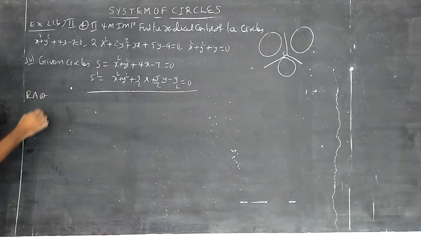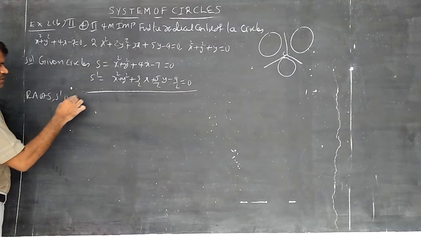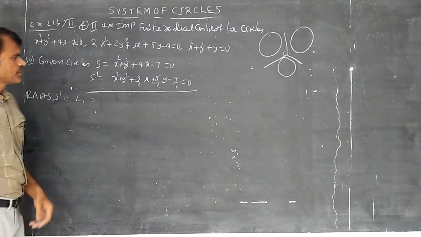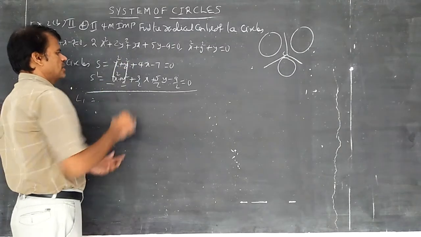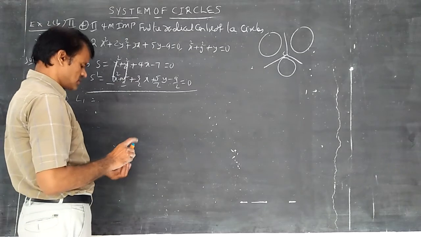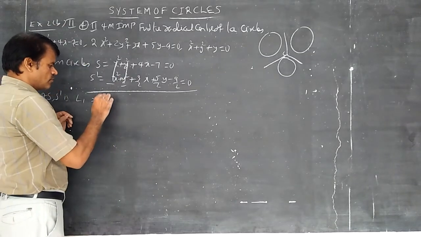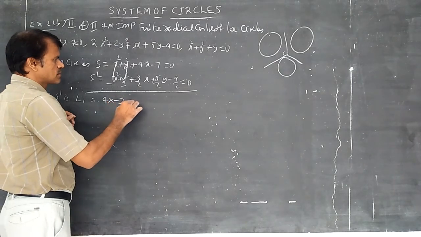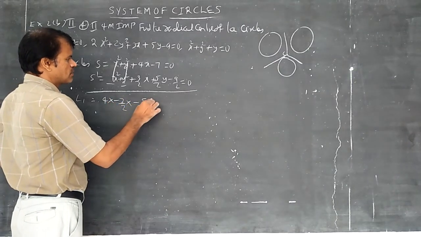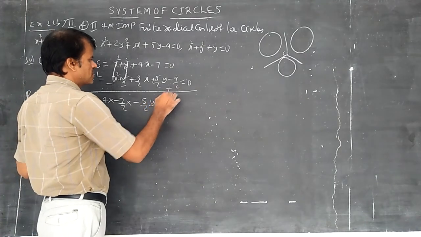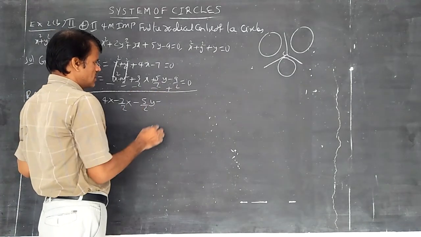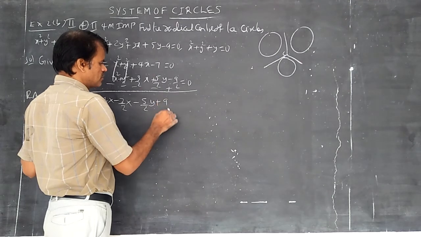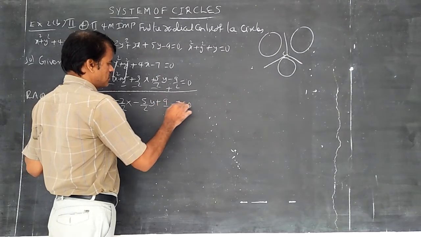Here you write RA. RA means radical axis. RA of S comma S dash is L1, S minus S dash. Cancelling here, 4x minus 3 by 2 x, and directly you can write minus 5 by 2 y, this becomes plus, and plus 9 by 2 minus 7 equal to 0.